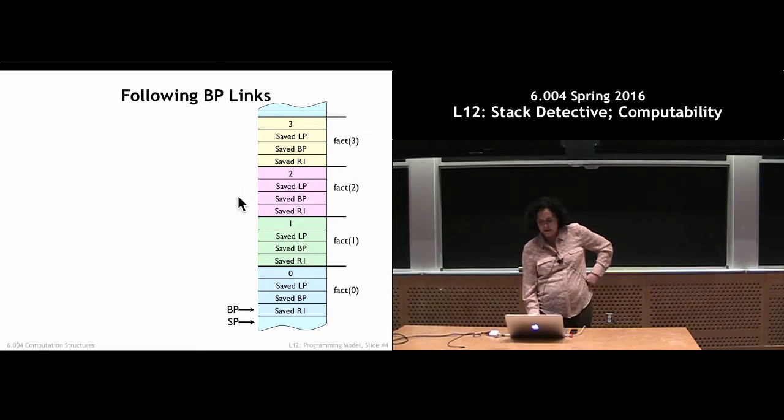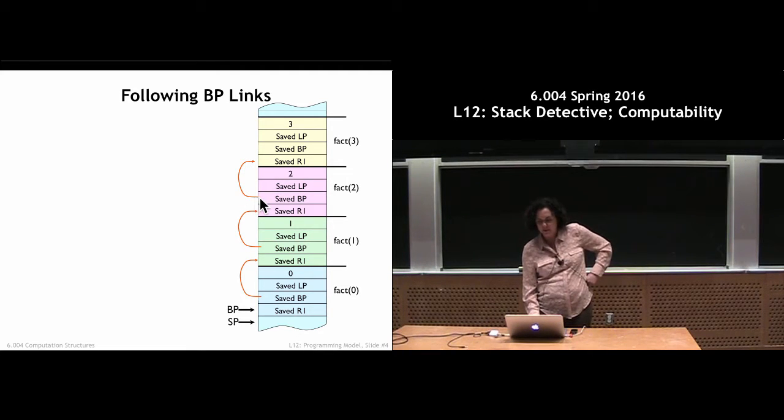Then when you go to call the next recursion of fact2, you have a BP that's pointing to this location, and so on. What that means is that this saved BP over here is going to be the address of this location over here. You can see that better with these arrows.